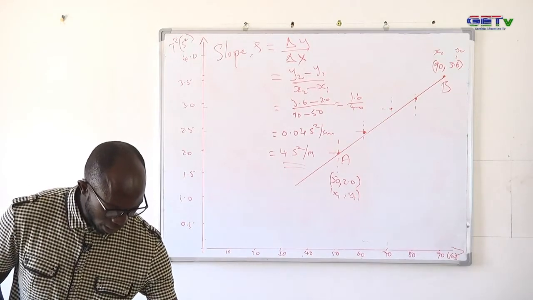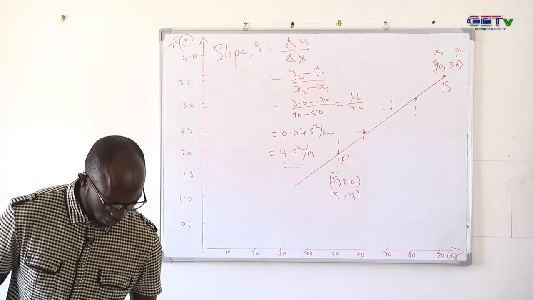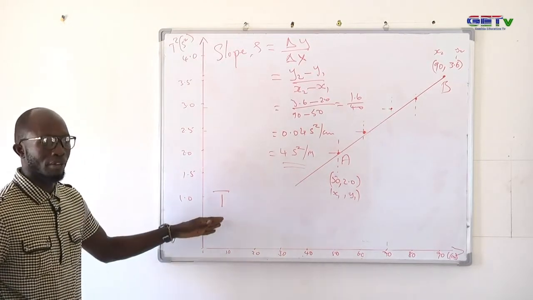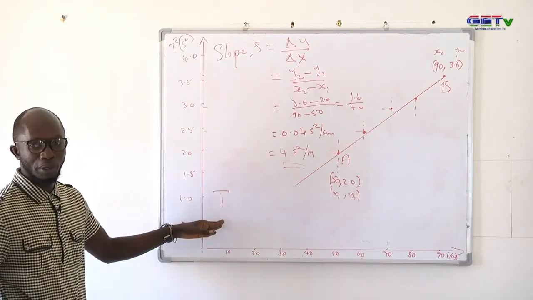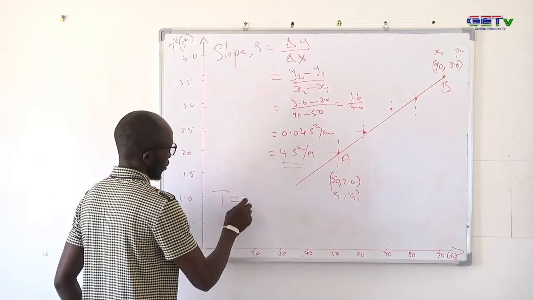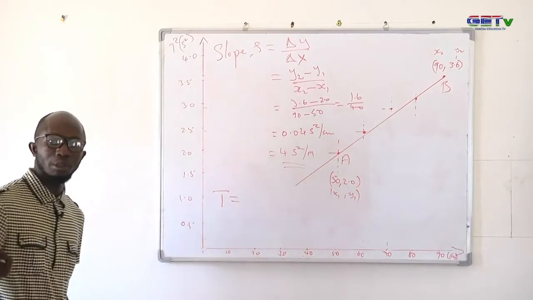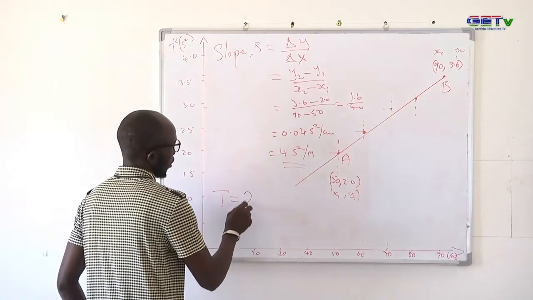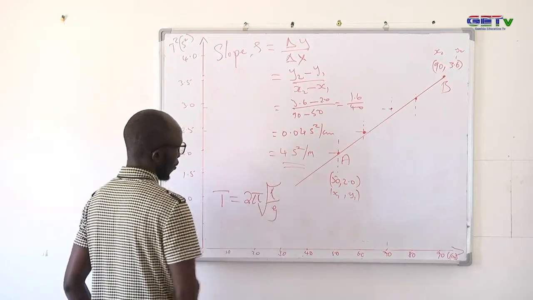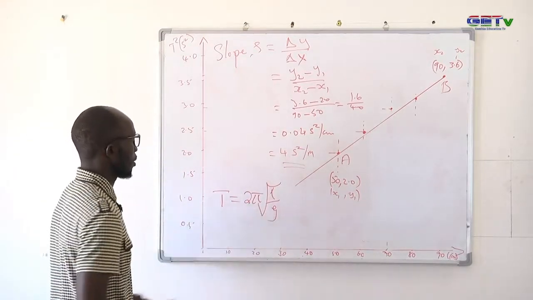Now that we are able to determine our gradient, to determine the value of g, the acceleration due to gravity at this particular point where we conducted the experiment, we know that T, the period of oscillation of a simple pendulum, is given as 2 pi root of L over g. Now we just want to make g the subject of the formula.